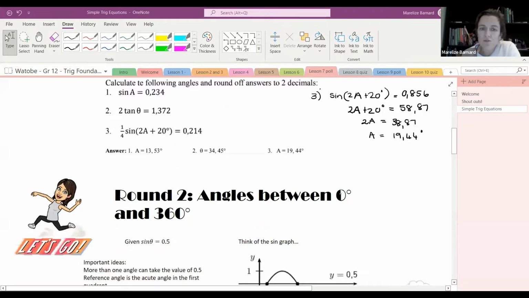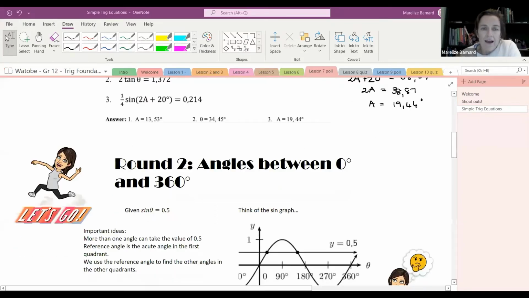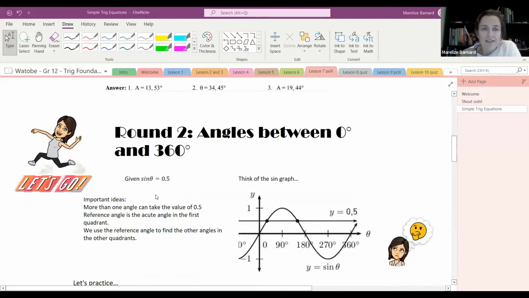So let's move on to something a little bit more interesting and advanced. So let's say we've got sine theta equals 0.5, and I just want everyone to go on their calculator, shift sine 0.5, and that should give me that theta is 30 degrees.